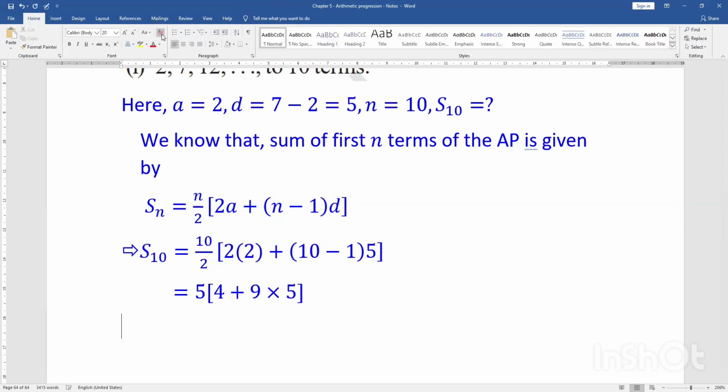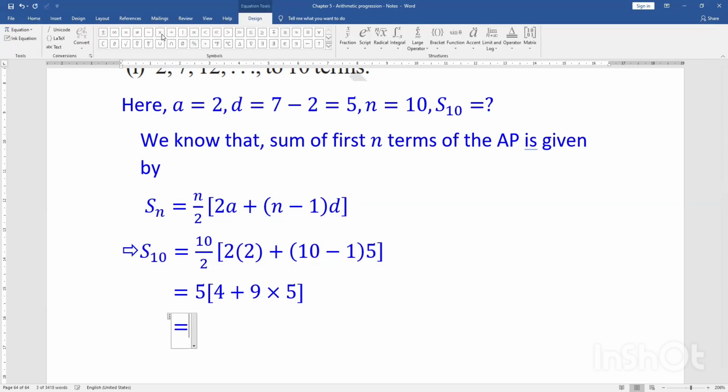So the next step, I write it as how much? So it's equal to 5 into, what is for this one? 9 fives are 45, 45 plus 4 is 49, right? So we can write that.